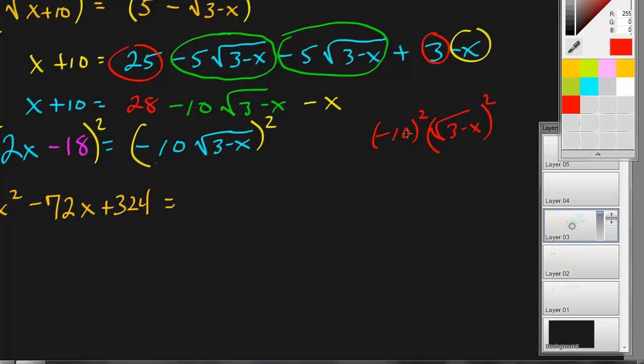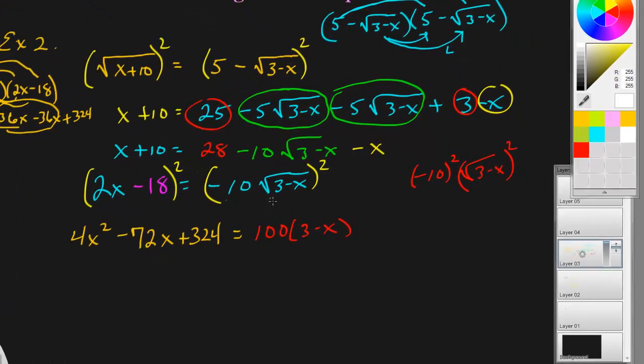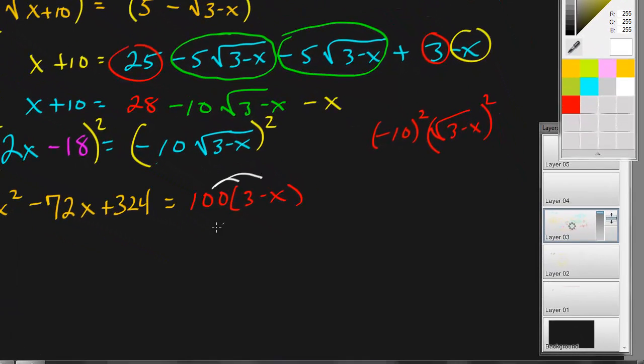Okay, so let's do that. What's negative 10 times negative 10? 100. And what is radical 3 minus x squared? 3 minus x. So now, let's see, I can go ahead and distribute this through.